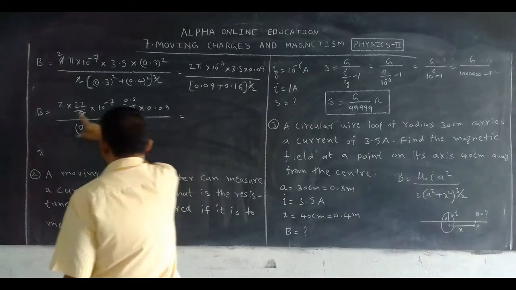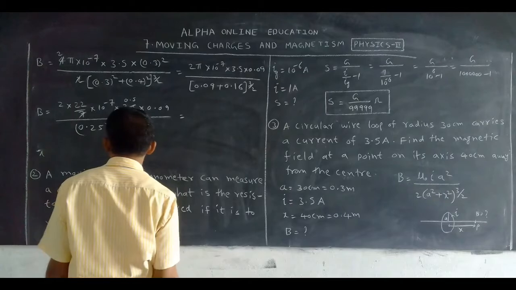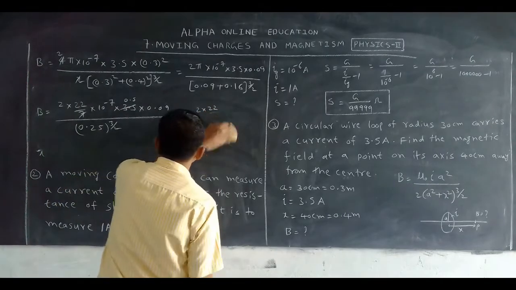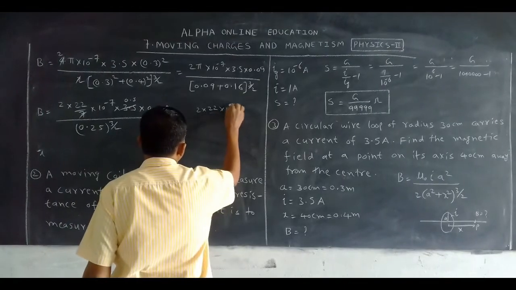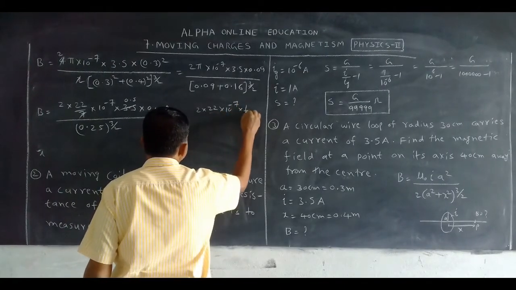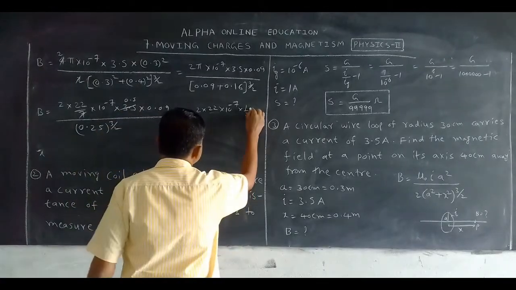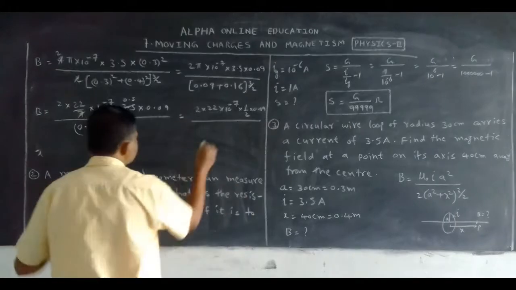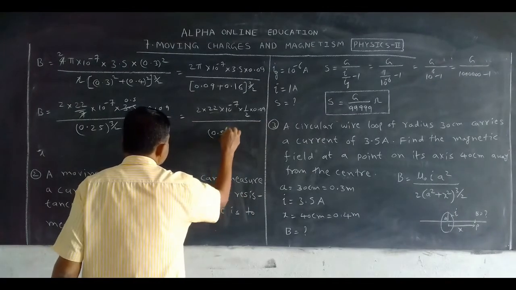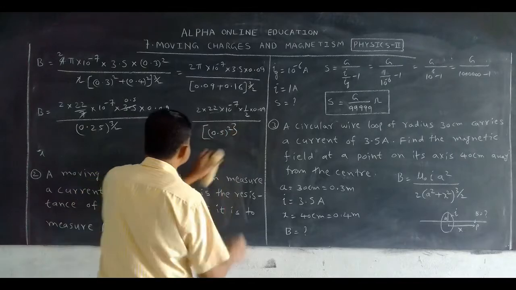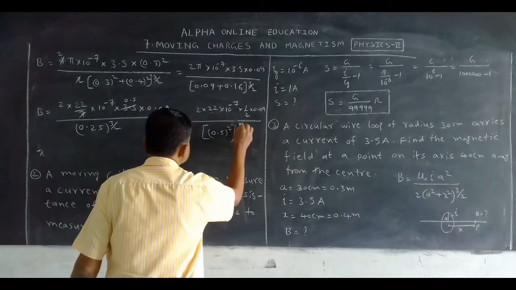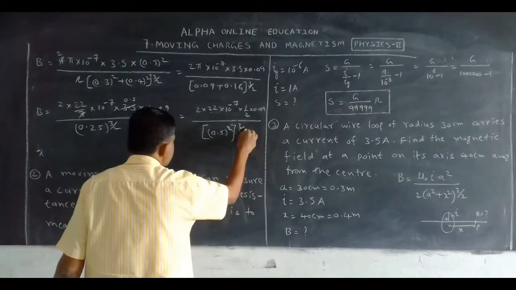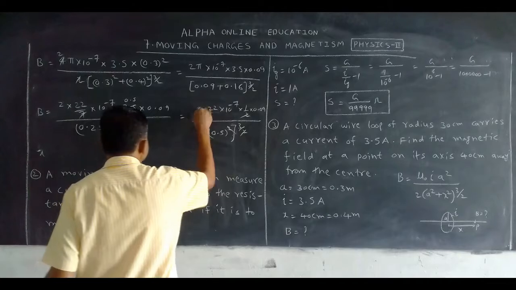Now 2 into 0.5, otherwise 2 into 22 into 10 power minus 7 into 0.5 is 1 by 2 into 0.09 by, how can we write this as 0.5 whole square? Shall we write like this? 5 5s are 25. So these two cancel, here half is cancelled.